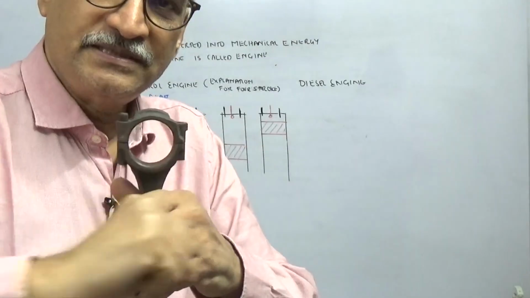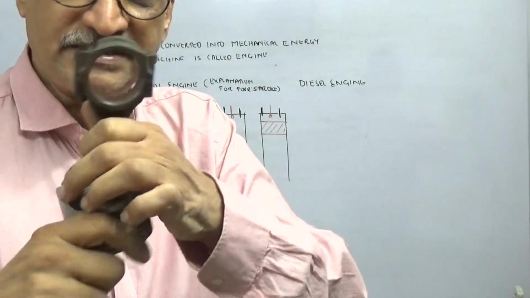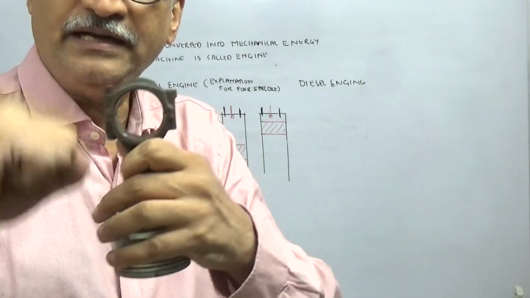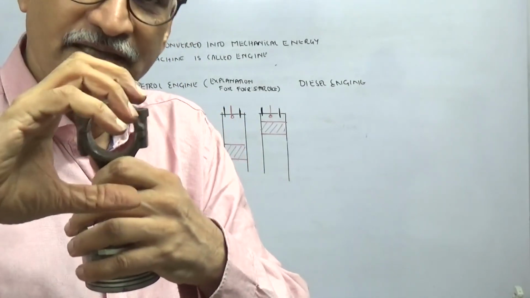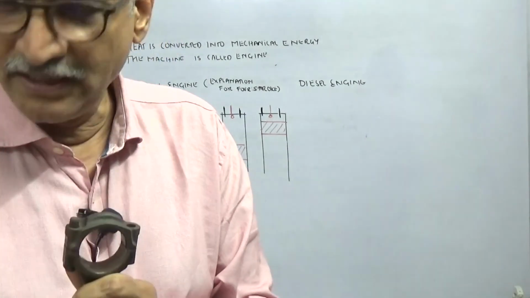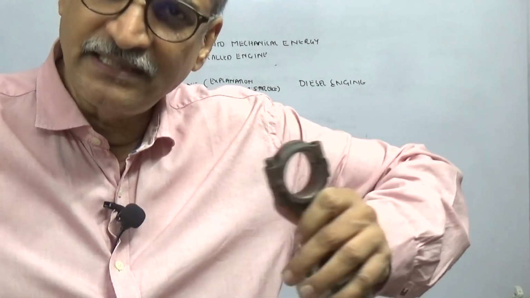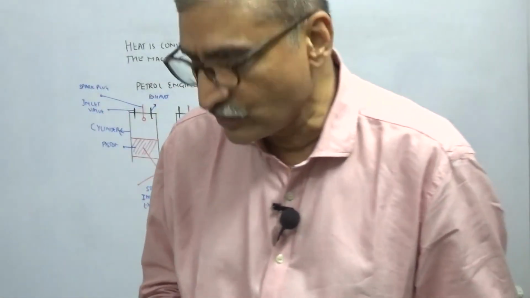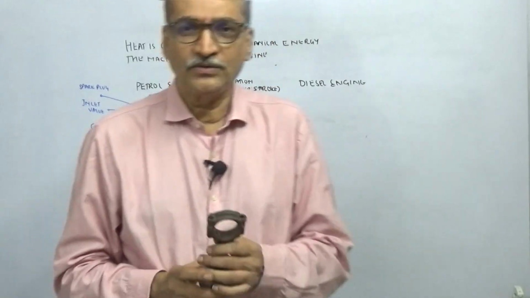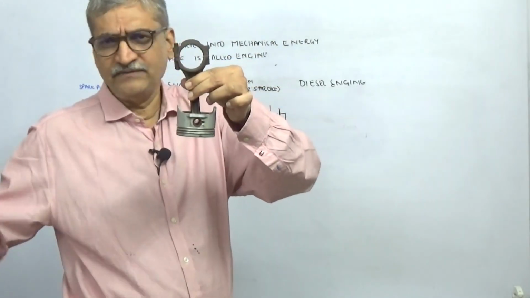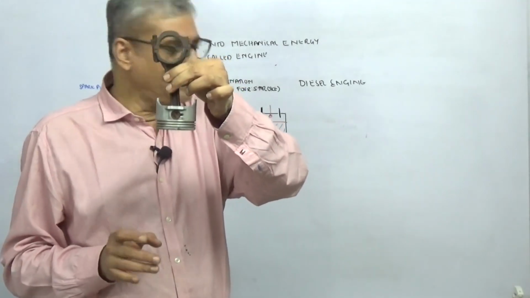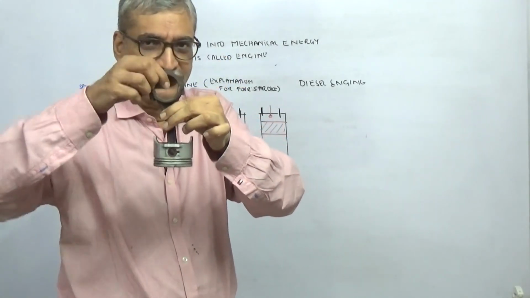So the piston moving up and down is causing the crank to move, and that crank is sent to the axle, and from the axle the mechanical energy is transmitted to the wheels and the wheels move. Is this clear? It's basically gears that do all that work. I'm not going into the depth of that. So this is a piston.